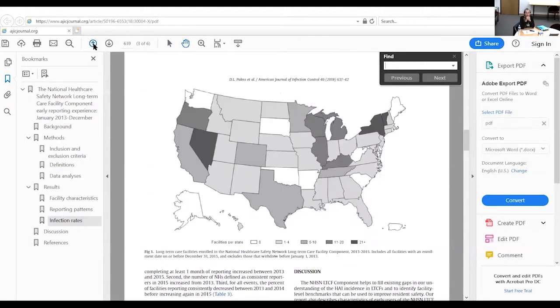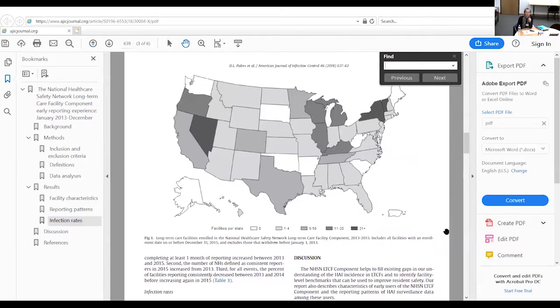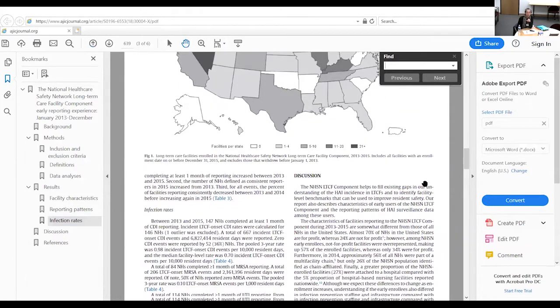So here's, it's a smallish sample of facilities across the country. I think it's just a few hundred who were in the vanguard of reporting data. And I see we have some from New Mexico. This is very good. And they're reporting data into the NHSN long-term care facility data reporting component. So let's just scroll down and see some results tables here.